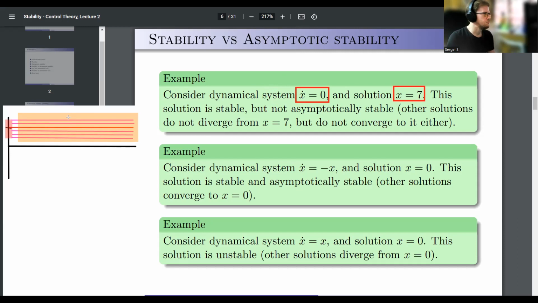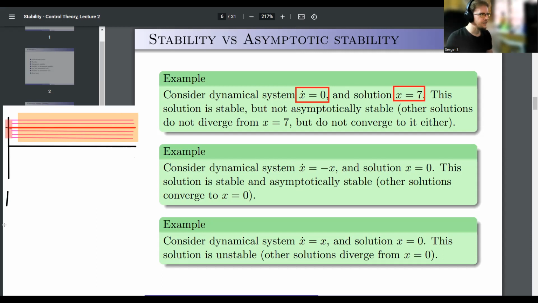Okay, good. But it is not asymptotically stable, because nothing converges to the solution. The solution, again, remember, is this red line here. Nothing converges to it, so it is not asymptotically stable. Asymptotic stability is when you converge. Stability is when you do not diverge. That is the situation that we have.